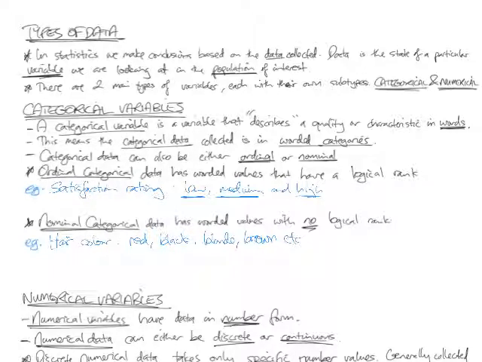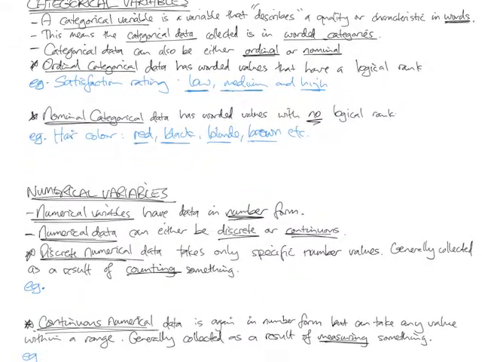There's no order to them. There's no low, medium, and high to that. There's no better or worse one. They're all just a different category. Okay, so that's an idea as to what nominal categorical data is. It has no particular logical order to it.